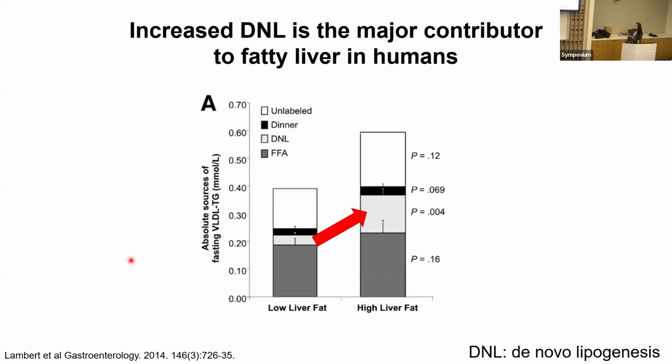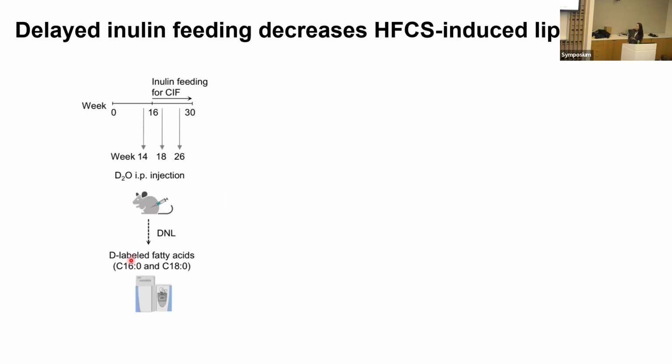One big published paper showed that the major contributor to fatty liver disease is de novo lipogenesis, fat synthesis in the liver. So, to determine the inulin effect on lipogenesis, we performed isotope tracing using D2O.